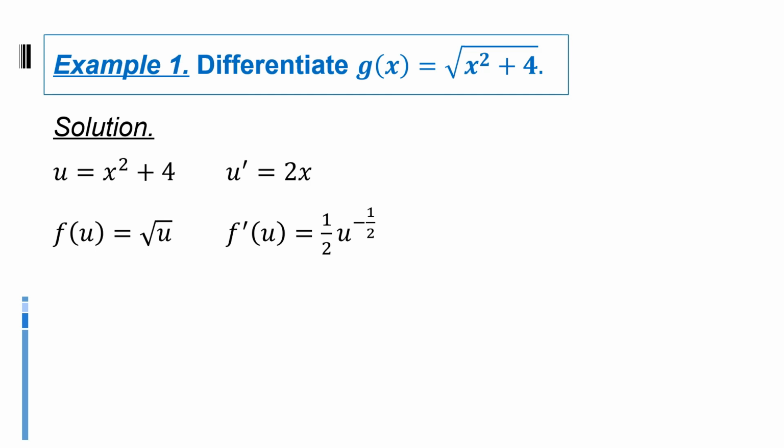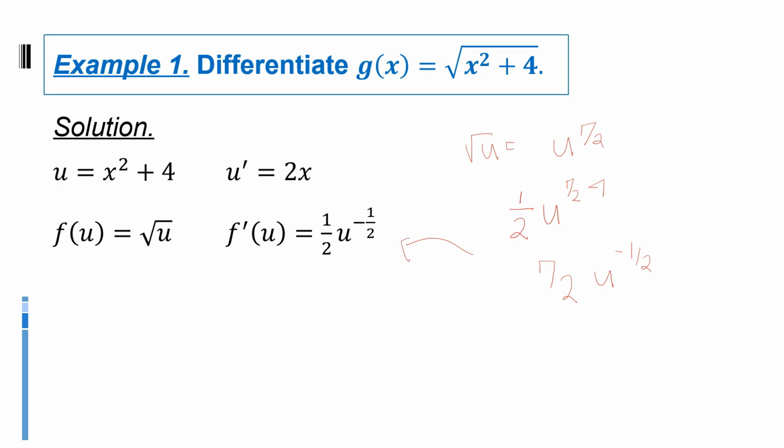F of u naman natin is square root of u. And alam natin, square root of u is equal to u raised to 1 half. So kapag differentiate natin yan, we have 1 half u raised to 1 half minus 1. Or that is 1 half u raised to negative 1 half.